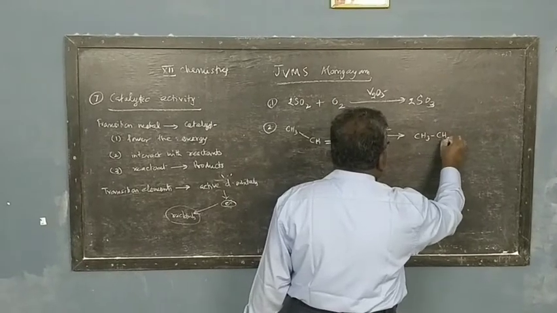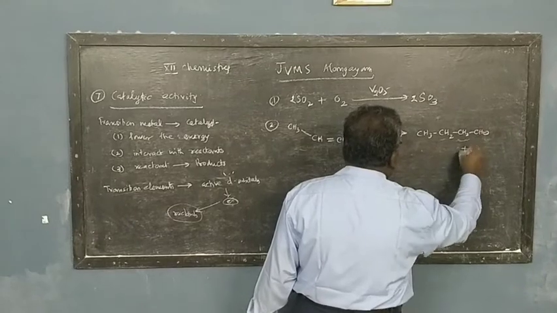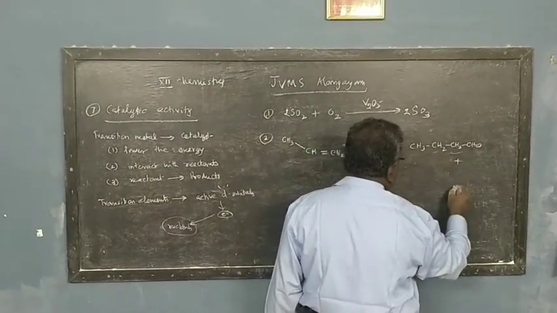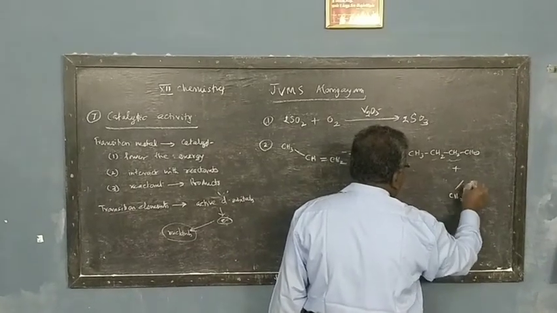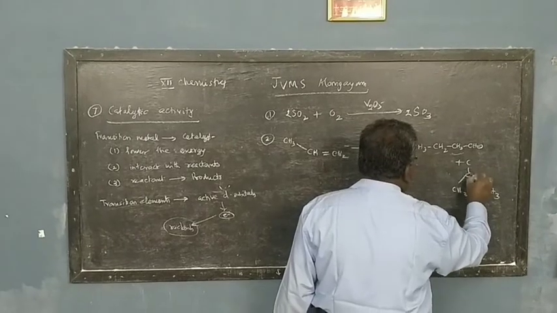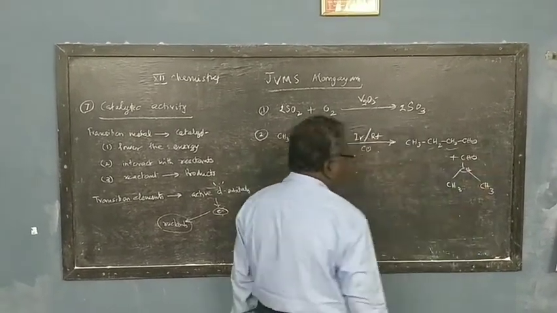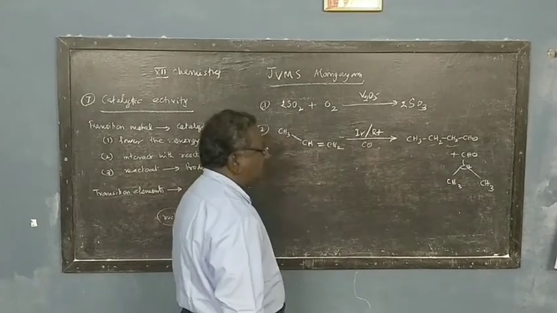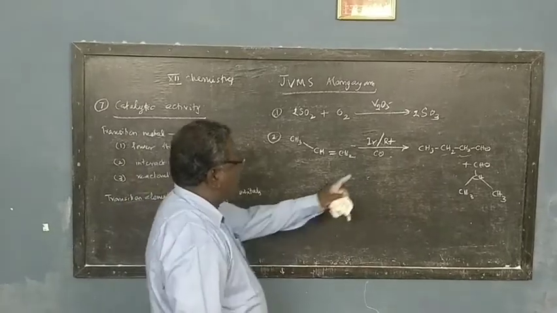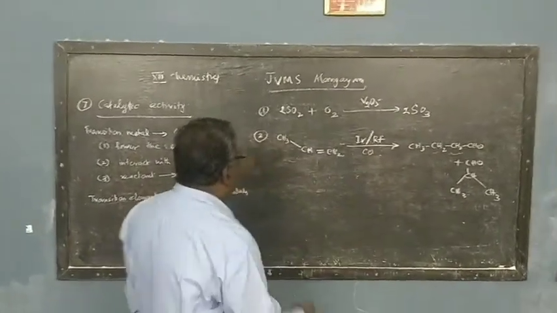It forms CH3CH2CH2CH2OH, which is butanol, and it also forms a branched product, which is 2-methyl-2-propanol. This is the other product that is formed. So for this, ruthenium and iridium are used as the catalyst, right?